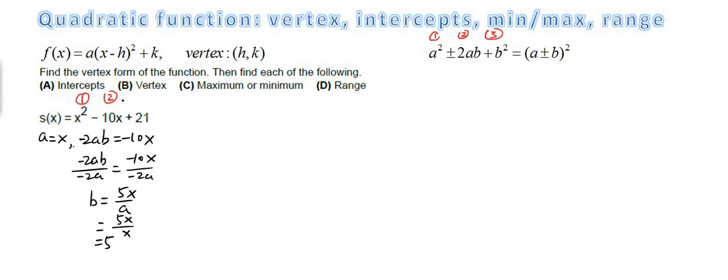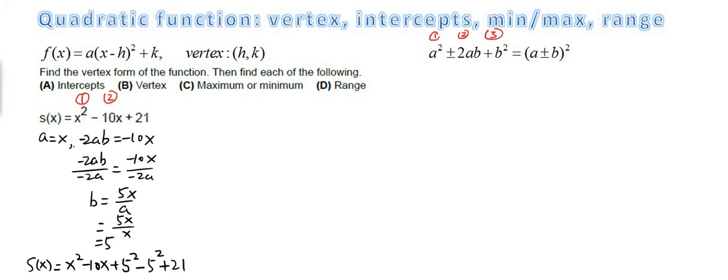That means we can construct the third term for S(x). We found b equals 5, so we can construct the third term. The third term should be b squared, so we add b squared, that means 5 squared, and since we add 5 squared, we need to subtract 5 squared, plus 21.